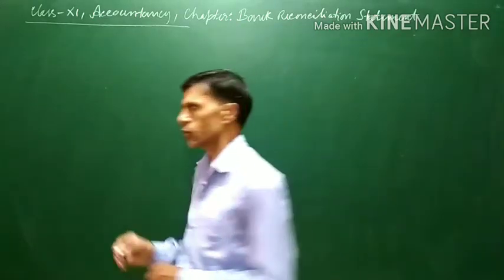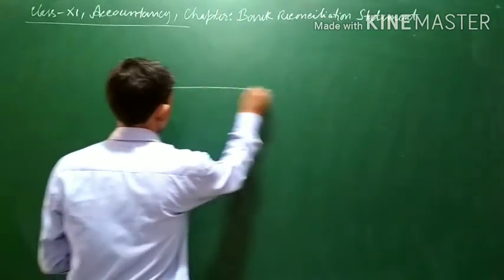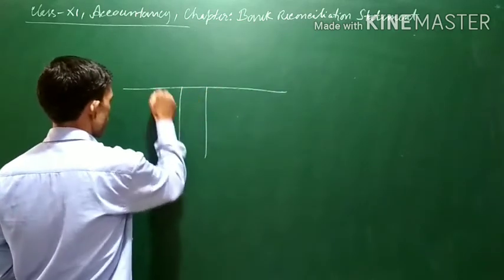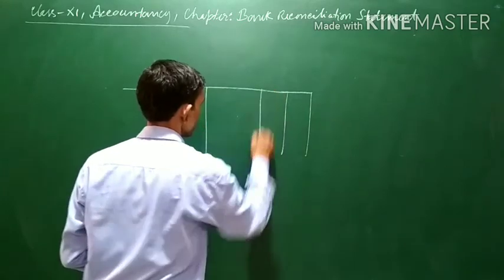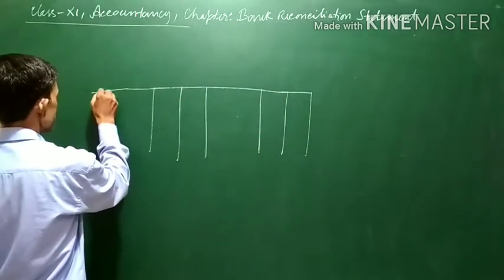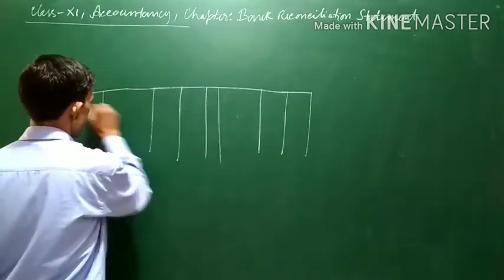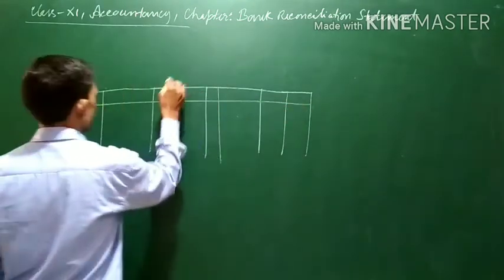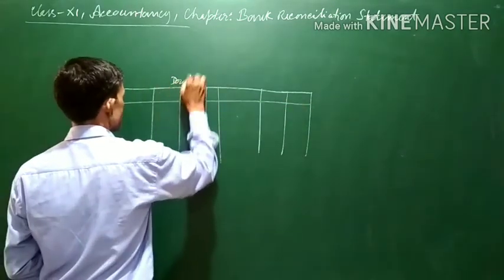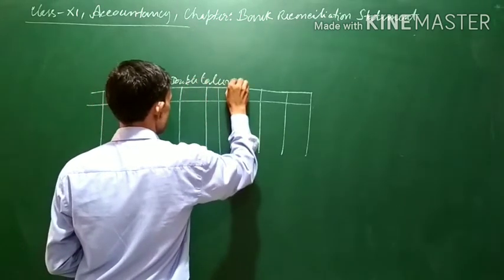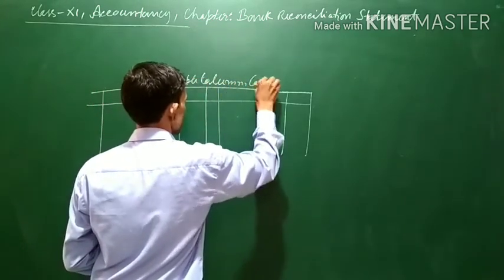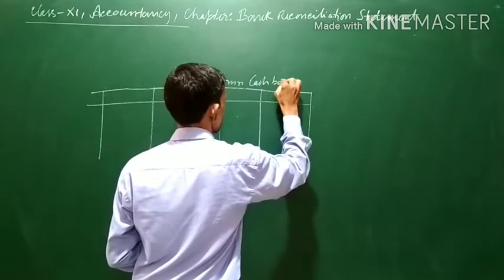Let us first of all draw the format also. Small cash book format is there. That is the double column cash book.